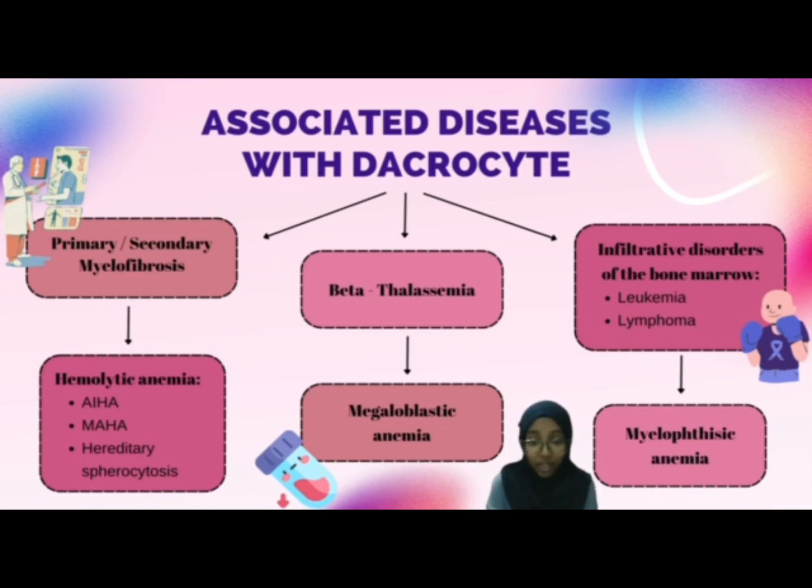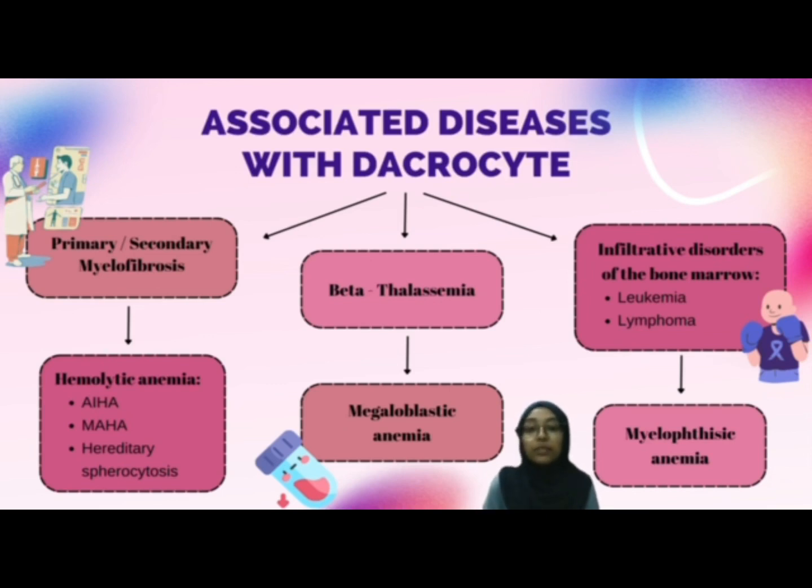Hodgkin lymphoma (HL) and non-Hodgkin lymphoma (NHL) are the 2 primary types of lymphoma that can develop. Usually, dacryocytes are relatively uncommon in lymphomas and are only seldom found in particular circumstances.